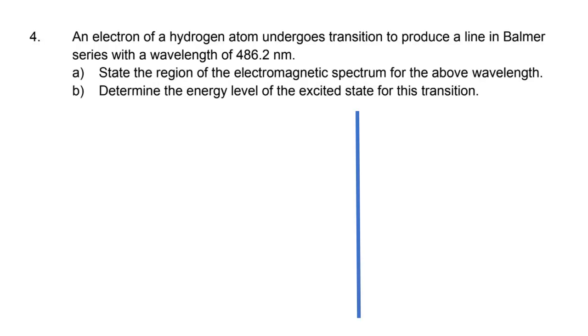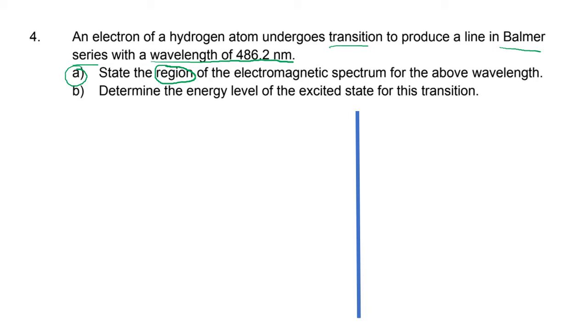Question number 4. An electron of a hydrogen atom undergoes transition to form a line in Balmer series with a wavelength 486.2 nanometer. So question A, state the region.